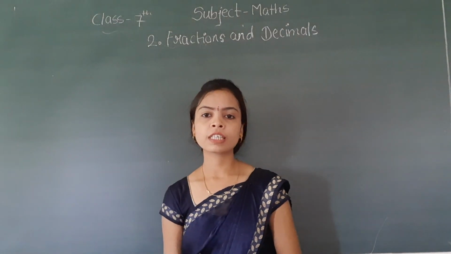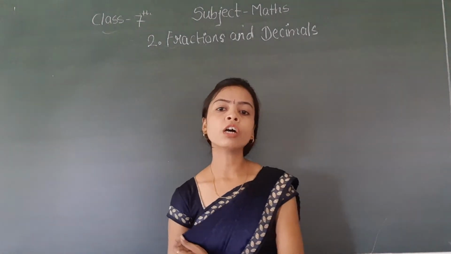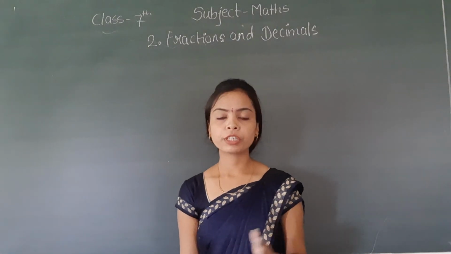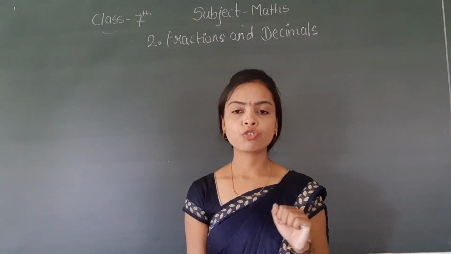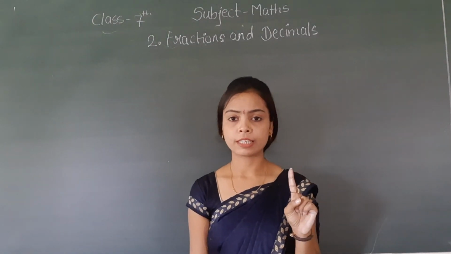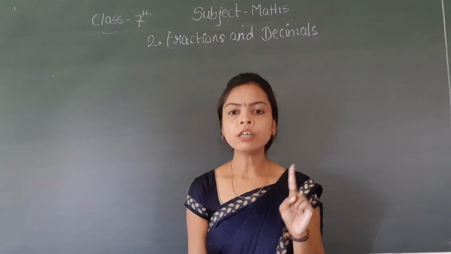In the previous classes, we have studied fractions. We have completed our topic of fractions, in which we studied the form in which fractions get represented. A fraction has a divide line.